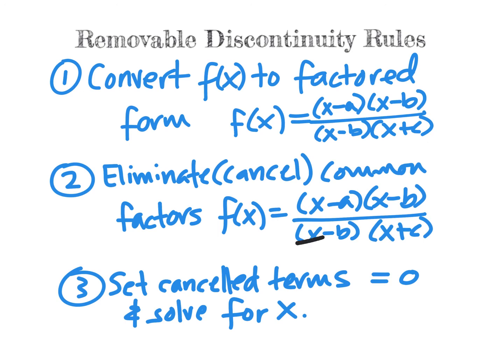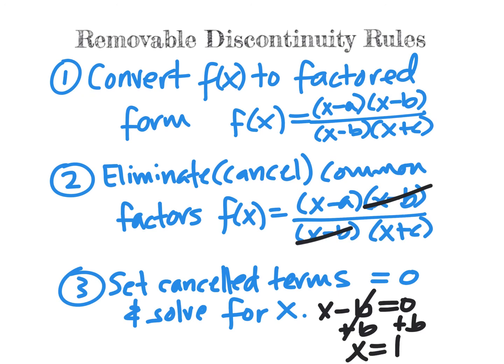Those are the terms you're going to cancel. Whatever you cancel, you set equal to 0 and solve for x. When you solve for x, you get the location of the hole. So: factored form, cancel whatever is common, set it equal to 0, and solve for x.